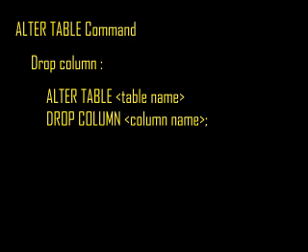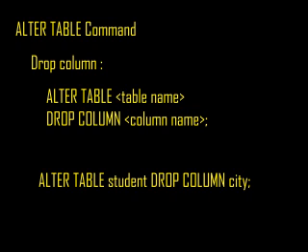We will see the example. If we don't want city, we can delete it. So use the command alter table student drop column city. Student is the table name, city is the field name. Whichever field you don't want, you can drop that.